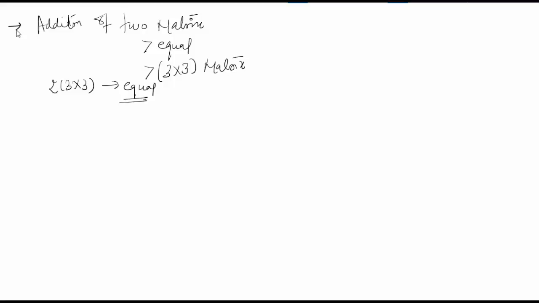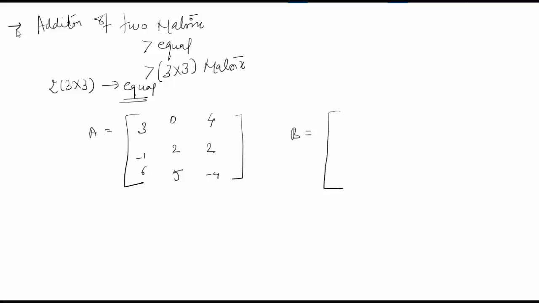So if the A matrix is given by 3 minus 1 6, and 0 2 5, and 4 2 minus 4, and the B matrix is given by 0 minus 5 minus 3, minus 5 2 4, and minus 3 4 and 0.